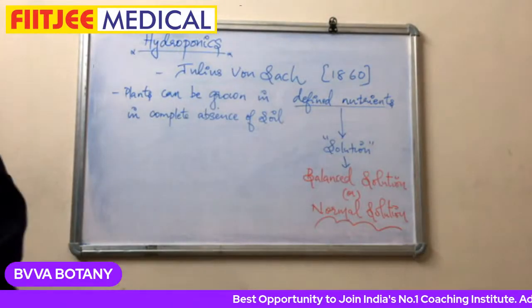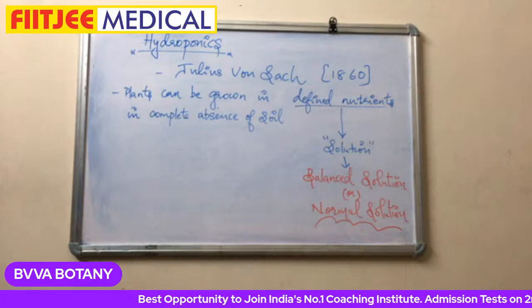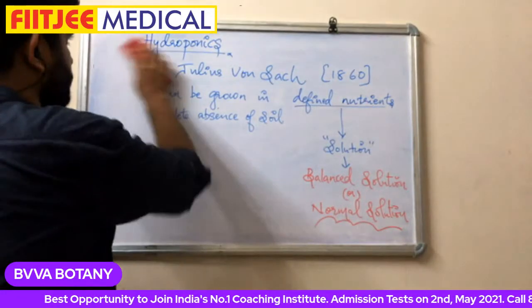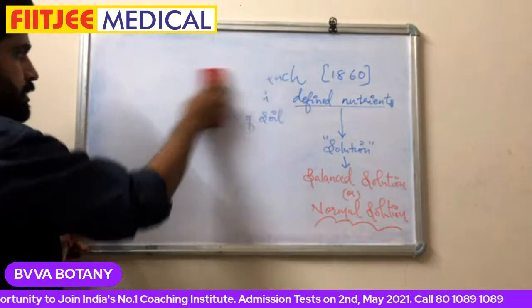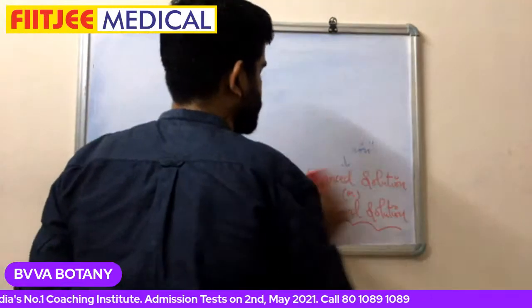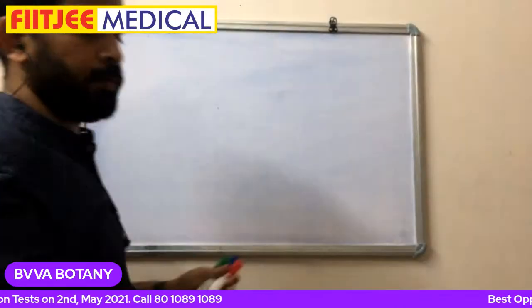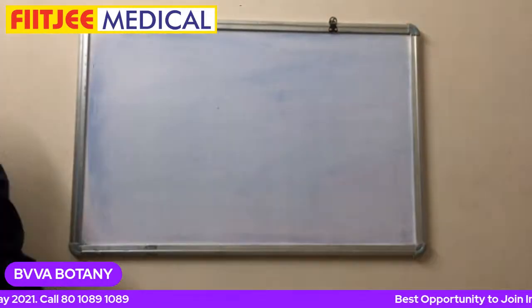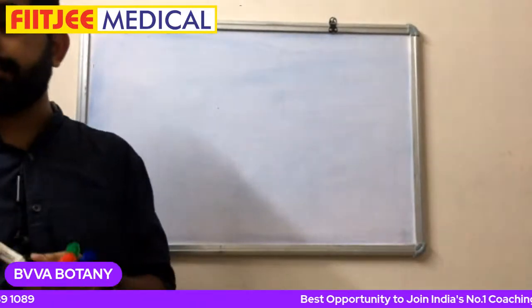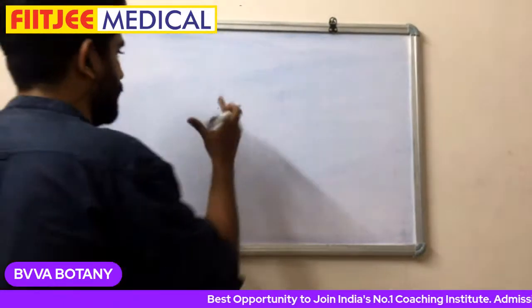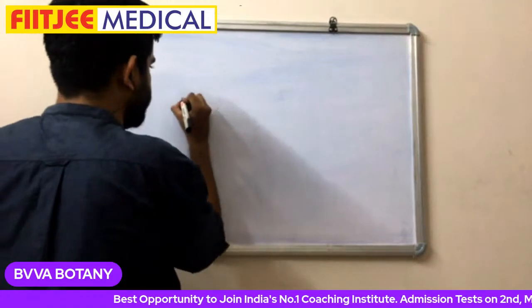Okay, so we will see what a hydroponics setup looks like. It was once a previous question where they gave the diagram and asked to label A and B, and we have to find out what A and B are. So hydroponics essentially consists of what? A container.